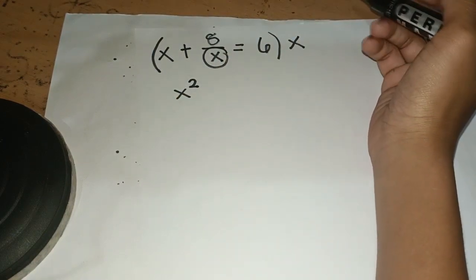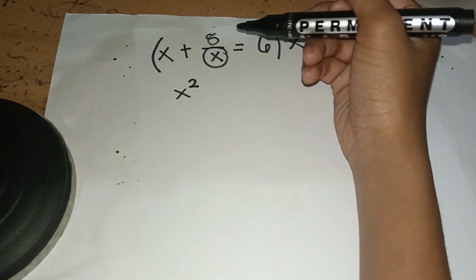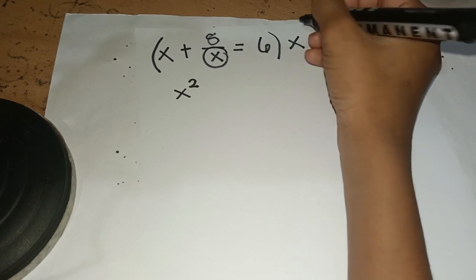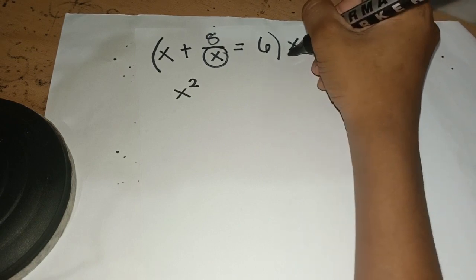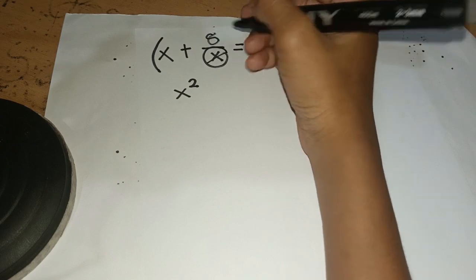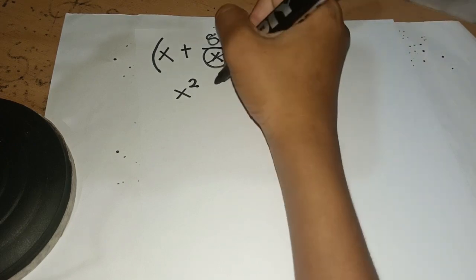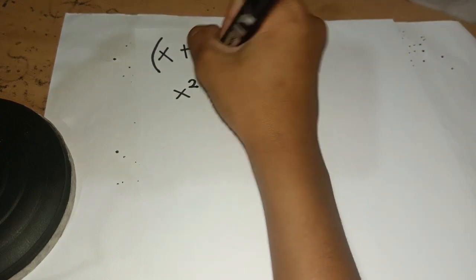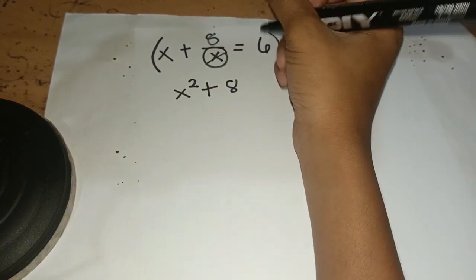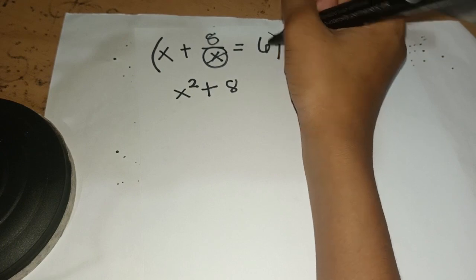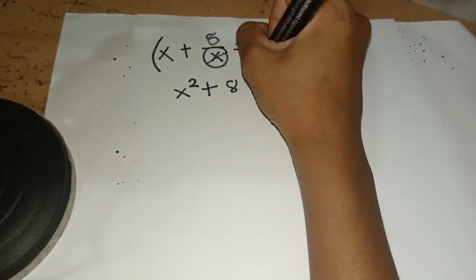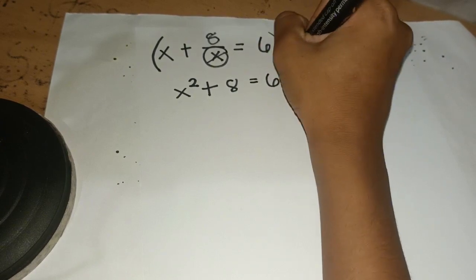Now if I multiply 8 over x times x, the variable will be cancelled, and so I'm just left with 8. Next, 6 times x is basically 6x.